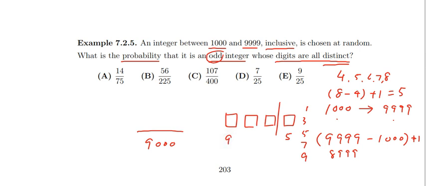Then the second one can be 0, but it cannot be the same as the previous one, so the second one still 9. And the third one cannot be the first one or second one. So here we have, we made a mistake.